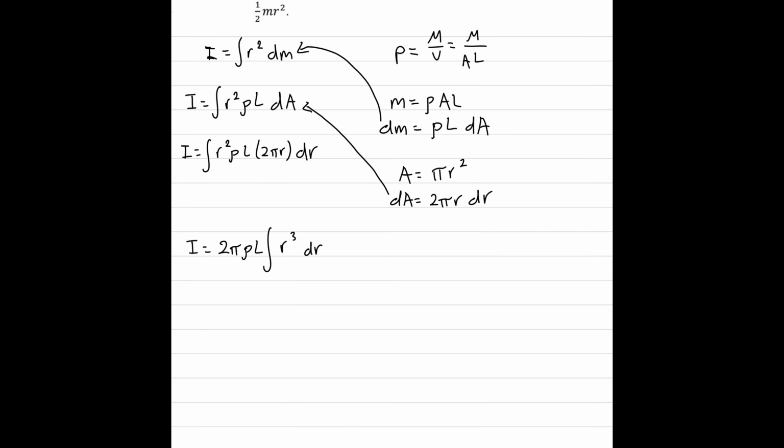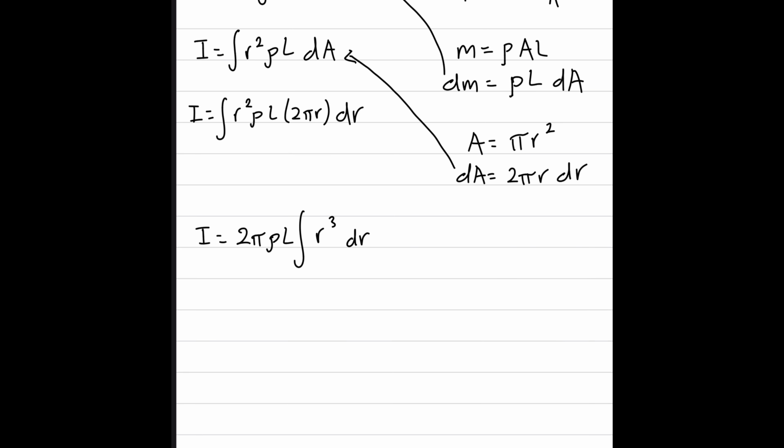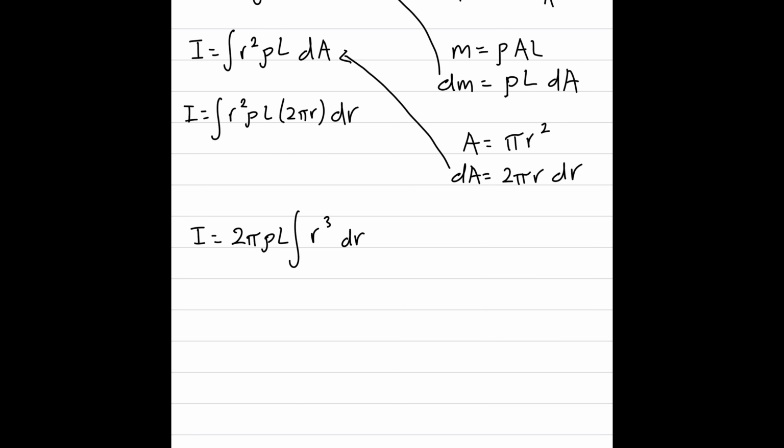And then the bound is from the axis of rotation, which is 0, all the way to the edge, which is a distance R away, right? So from 0 to R.